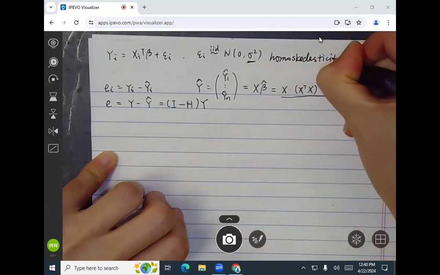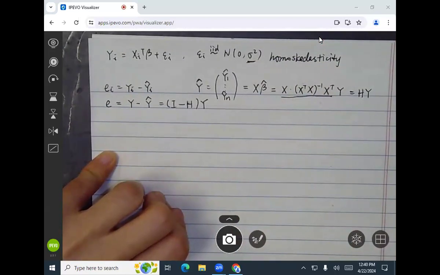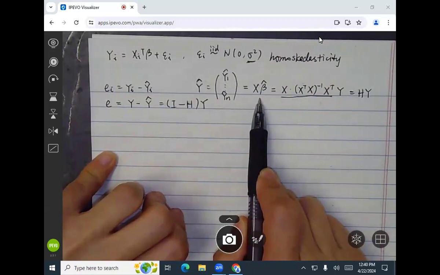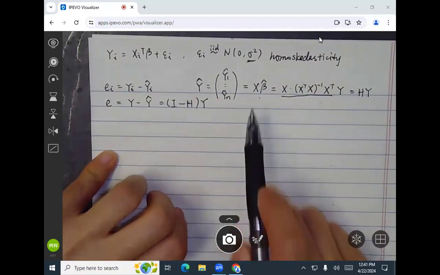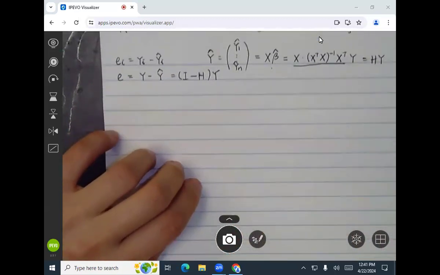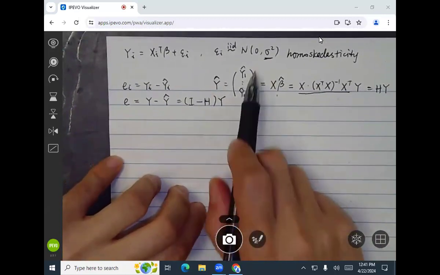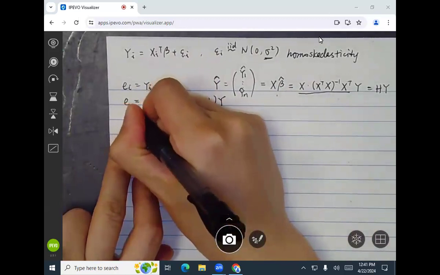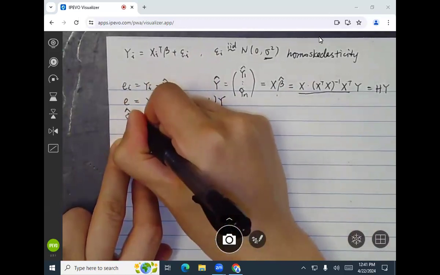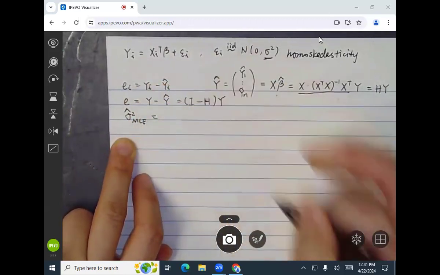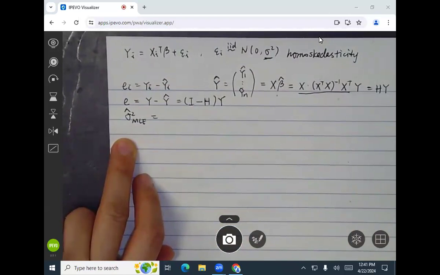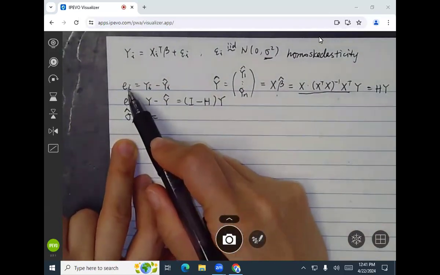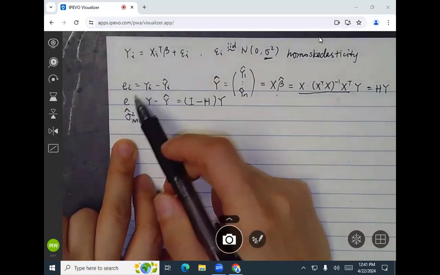So for this common sigma squared scenario, homoscedasticity, under this assumption, how do we estimate it? We only have an estimate for beta as of now. How about sigma squared? Recall that if we do the maximum likelihood estimation under this normal assumption, then sigma squared hat MLE, we can show that it's actually the residual sum of squares divided by n.